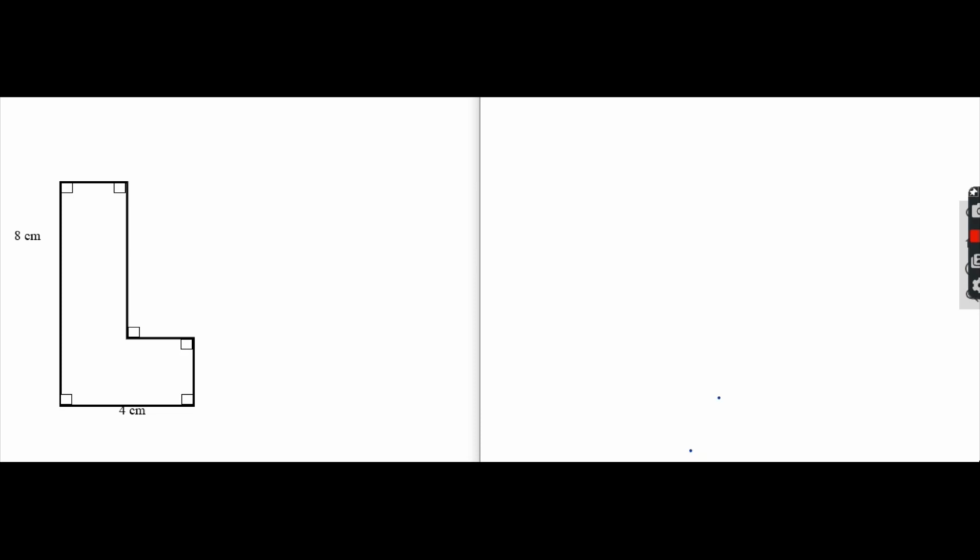So when it comes to this L shape, now this looks a bit different than the previous one, because only this side and this side is given, which is 8 centimeters and 4 centimeters. None of the other sides have their lengths mentioned on the figure itself.